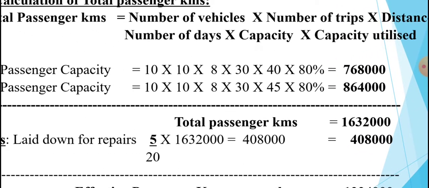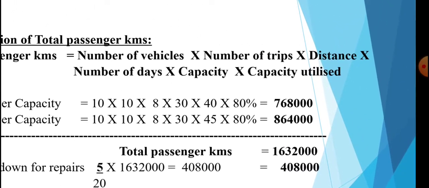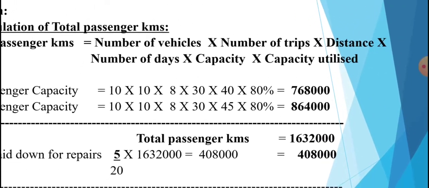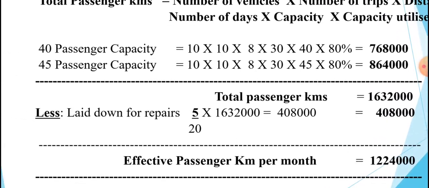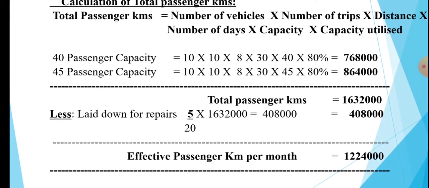So 10 into 10 into 8 is the distance covered, 30 are the days, 45 is the passenger capacity, and 80% is the capacity utilized. When we multiply all this, we will get 8,64,000 passenger kilometers. From these we have to deduct the kilometers laid down for repairs.